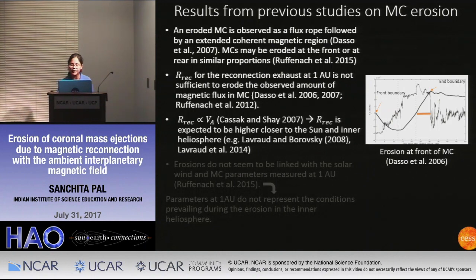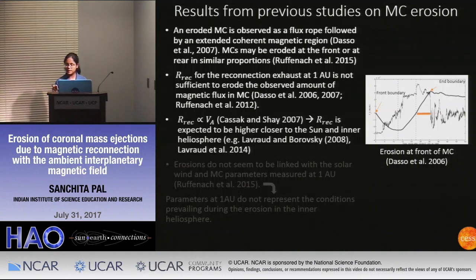They found that the erosion started 54 hours before the magnetic cloud reached the earth. Another study by Lavraud calculated the accumulated Alfvén speed, and found that it increases at a heliocentric distance of about 0.3 AU, which is Mercury's orbit.